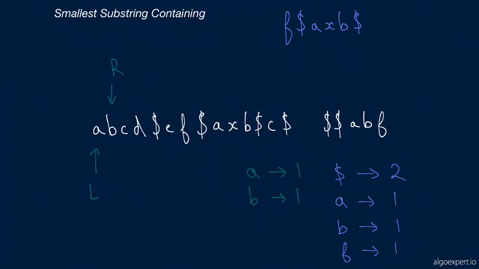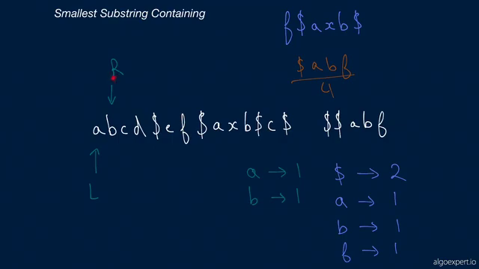And so perhaps the easiest way to do this would be to say, how many characters do we have in this smaller string in general? We have 4. It's basically all of the keys in this hash table. I could write them in brown up here. We have the $, we have A, we have B, and we have F. So we have 4 unique characters that we're looking for.